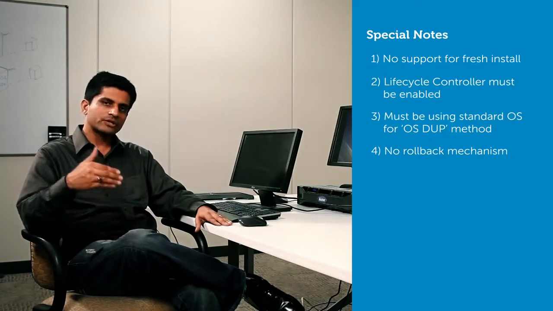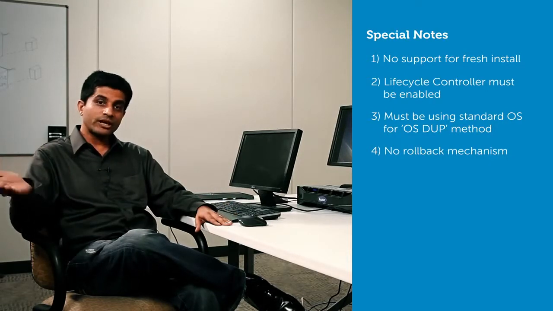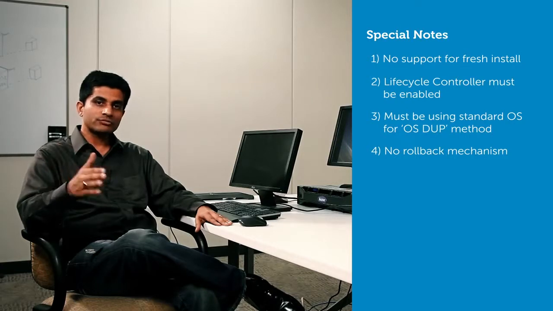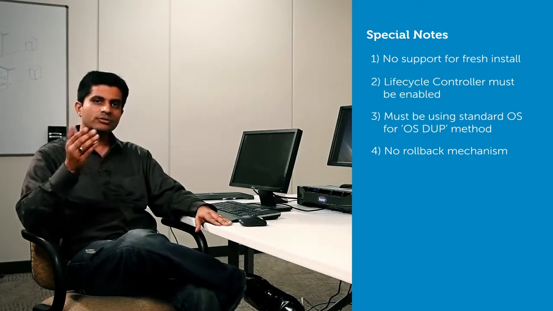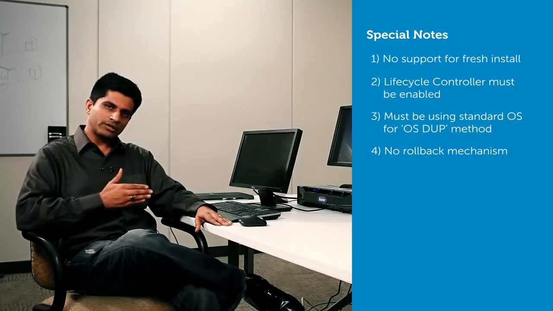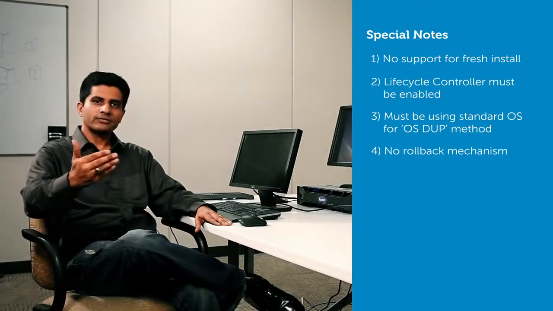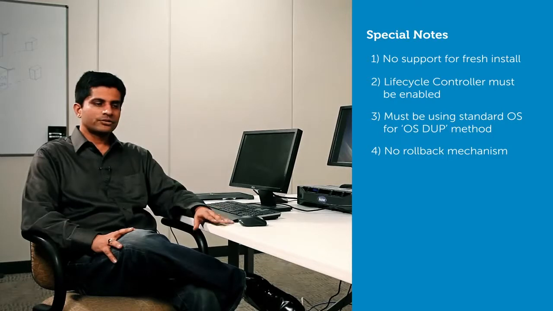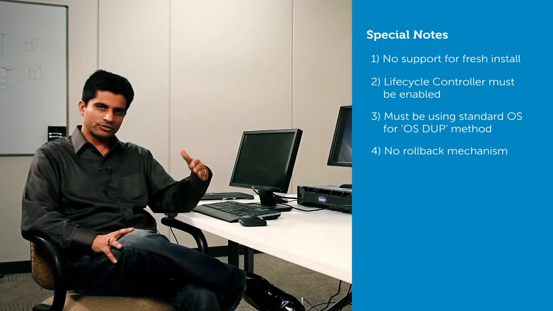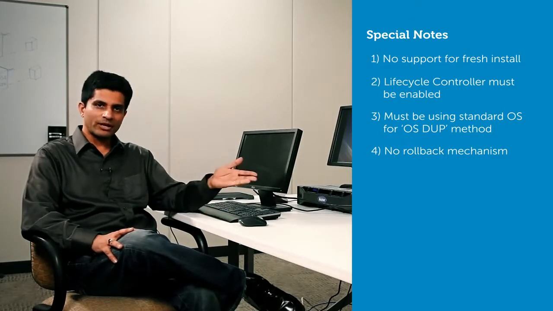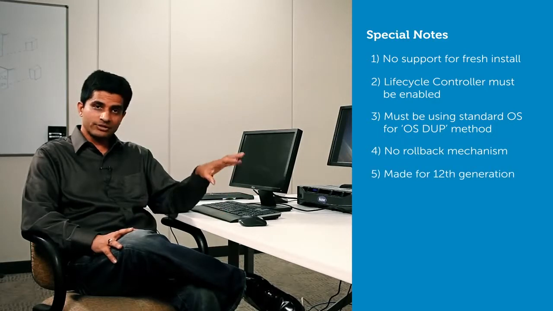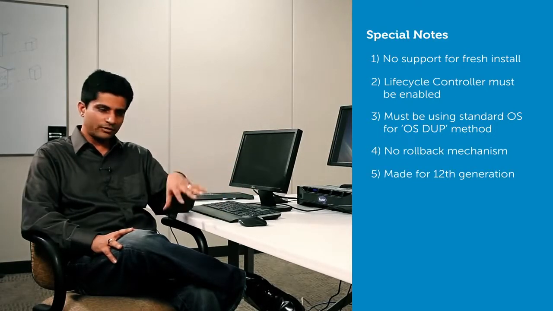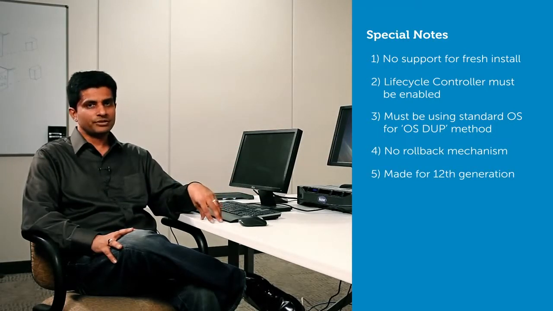If you apply version N of Identity Module dupe, your N-1 version cannot be switched over by click of a button. You will have to apply the N-1 Identity Module as if you are applying for the first time. This is true even before Identity Module dupe support, so your iDRAC based .pm should also be applied. There is no rollback mechanism, and Identity Module itself, including the .pm and the dupe, is meant for 12th generation PowerEdge servers. So let's move on to the demo.